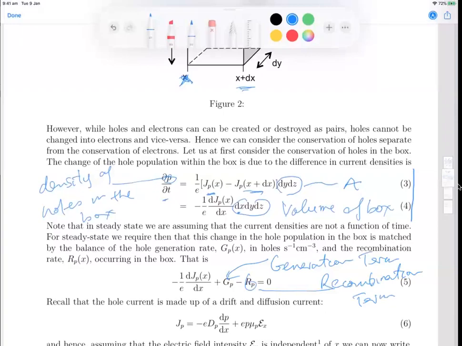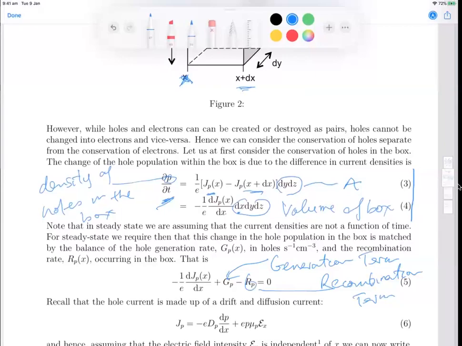And steady state basically means that nothing changes with time. So in steady state, our term, the rate of change of the hole density in the box with time, should go to 0. And the reason it goes to 0 is there will be a balance between the rate of generation and recombination in comparison to the differences in the flow.